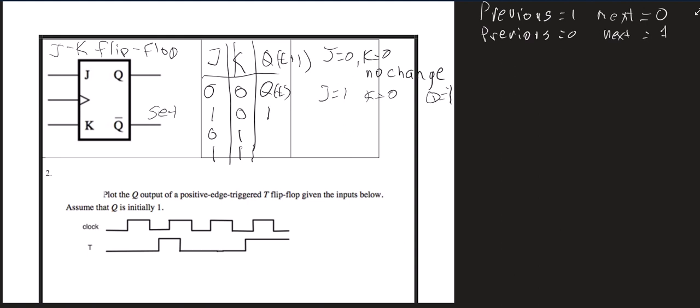And if J is 0 and K is 1, that's a reset, and your output will be 0. So J equals 0, K equals 1, then Q will equal 0, and it doesn't matter what Q was before.